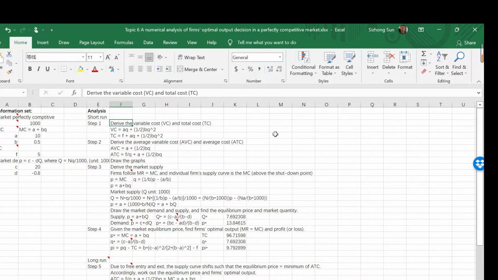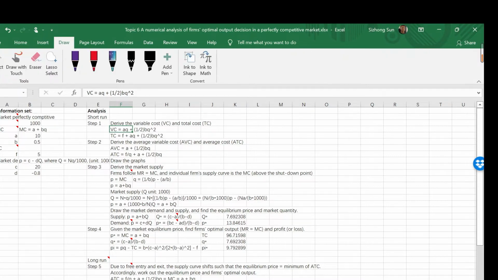The variable cost is equal to AQ plus 1/2 BQ squared, and total cost is variable cost plus fixed cost. Where does this variable cost come from? We know that marginal cost is A plus BQ. So variable cost is the integral of marginal cost from 0 to Q, dq.